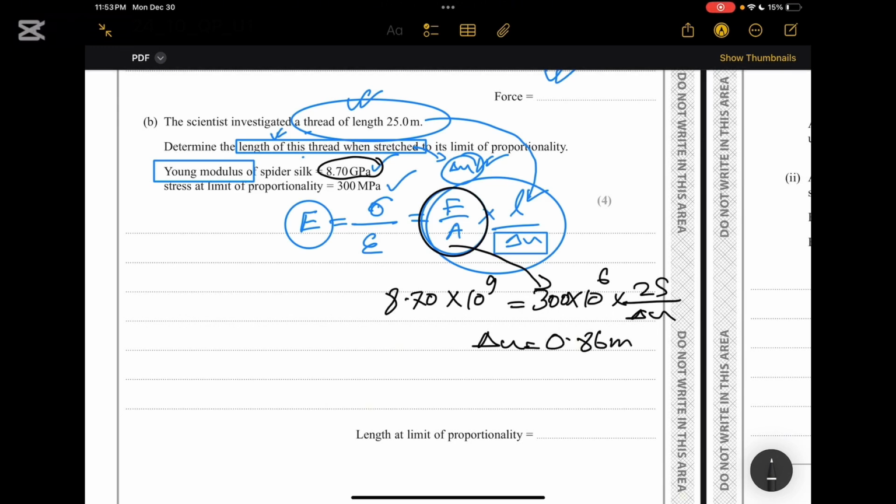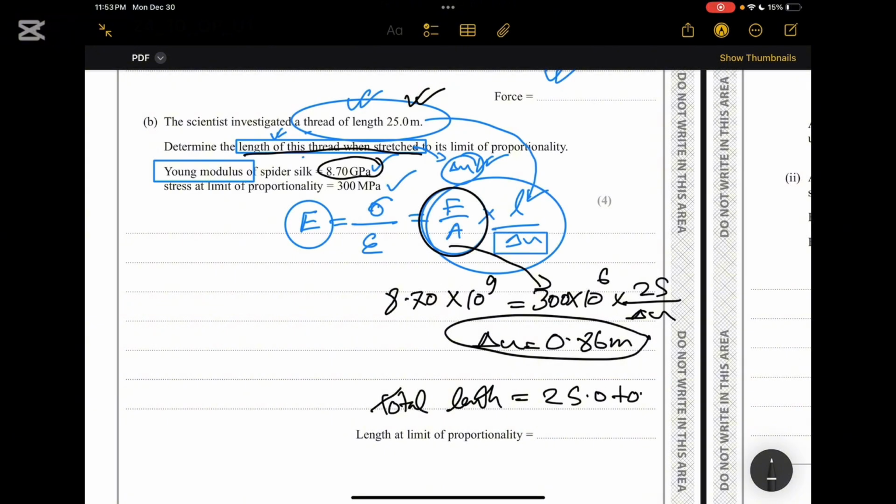Now the total length: they have said length when stretched. So after stretch means the previous thread length plus the extension, which is 25.0 plus 0.86, which comes as 25.8 meter. So we are done with it as well.